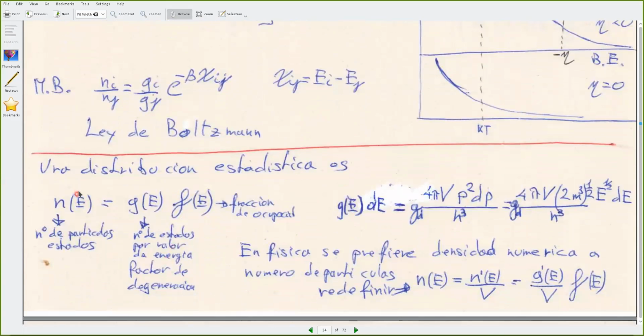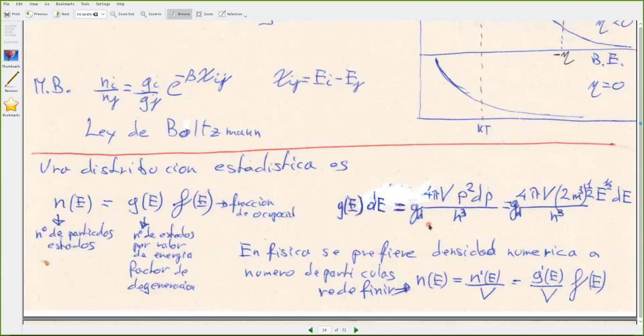Then just remember that the statistical distribution is the number of particles inside the state, with g the number of states for each value of energy. It is the density factor, multiplied by the fraction of occupation. Usually you can calculate it in this way or this way, according to the momentum or according to the energy.